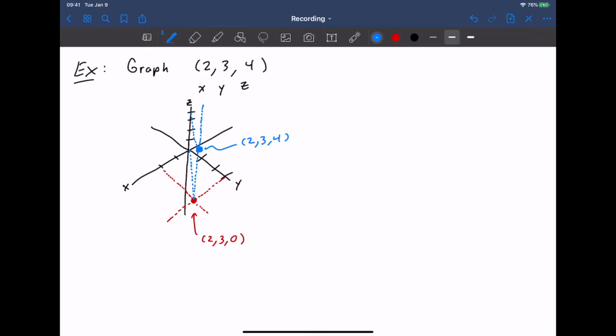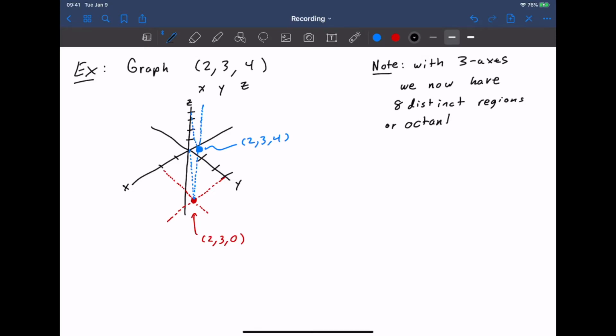All right, so what I want to talk about now is that with 3 axes, three coordinate axes, we now have 8 distinct regions or octants of space.